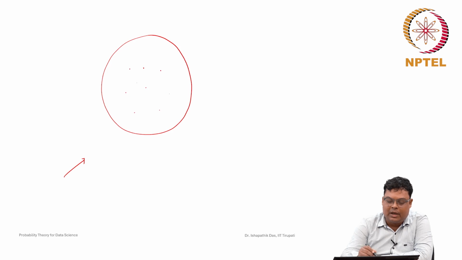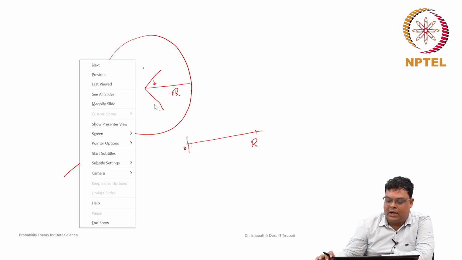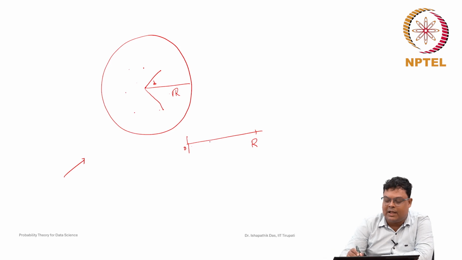Now we just want to check what the distance from the center is. If you are exactly accurate, the distance may be 0, otherwise it may be 0 to some value. Suppose the total radius is r, so the maximum value may be r, and it can be any real number in between. So if you define the random variable as the distance from the center where the dart falls, this distance can be any real number. In that case this random variable will be continuous.